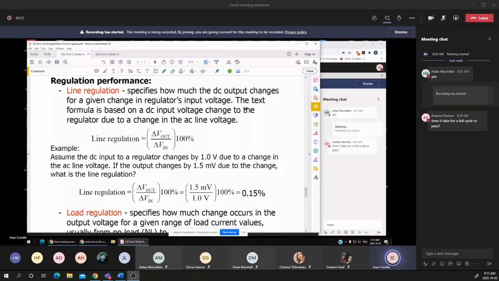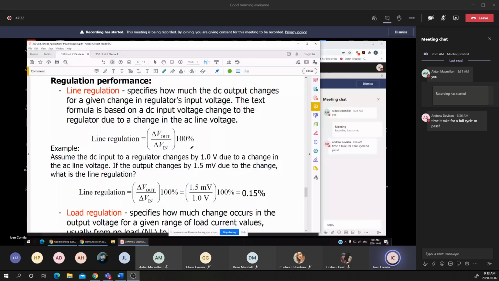How that change in the input voltage will affect the DC output voltage. This line regulation can be defined as the change in the output as a function of a change in the input. It means that I'm not changing the load; for a constant load, I'm changing the input voltage to determine the change in the output voltage as the input voltage is changed.